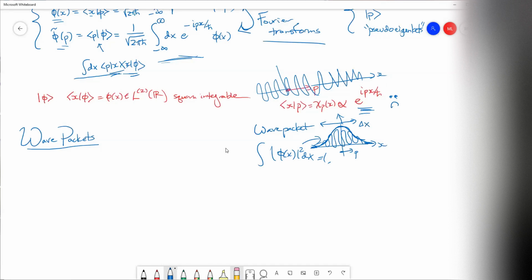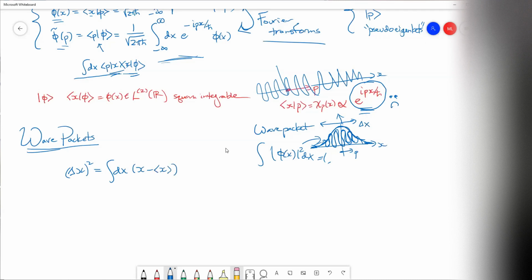You're okay, and really all the physics lives in the wiggles, which are described by something like this wiggly exponential. So the idea of the wave packet, again, is you want to confine your states in some finite region, and so then that comes with its associated uncertainties, right, in the position.